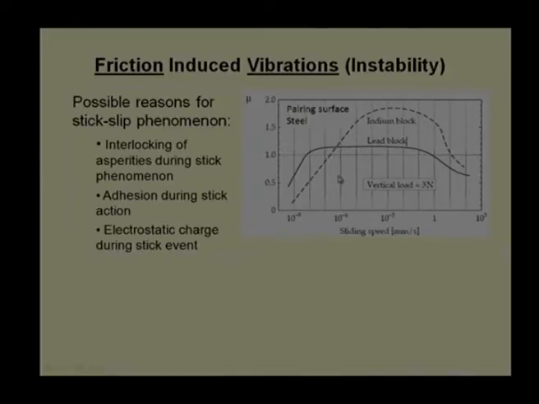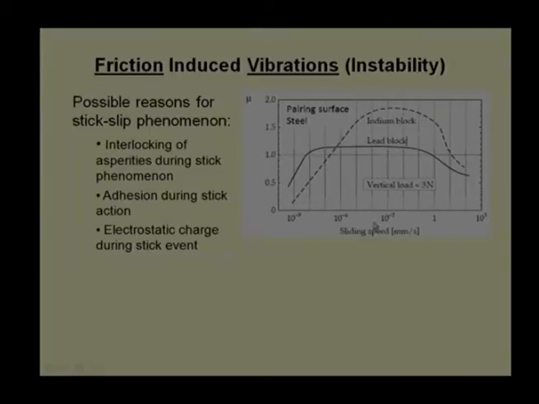Ideally, we believe that the coefficient of friction remains at a static value at the start, because we are not able to detect such a low velocity in common experiments which we perform in the lab. After a certain speed, it reaches the static condition, and after that there is a decrease.